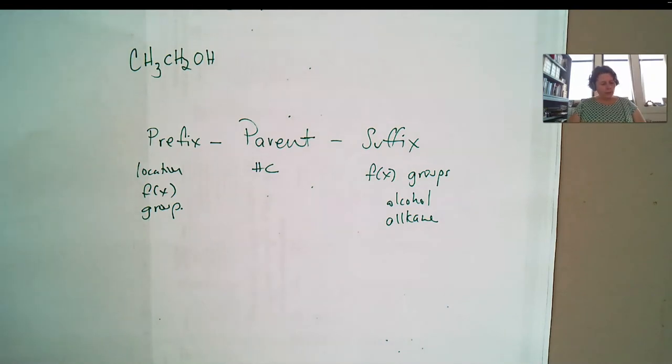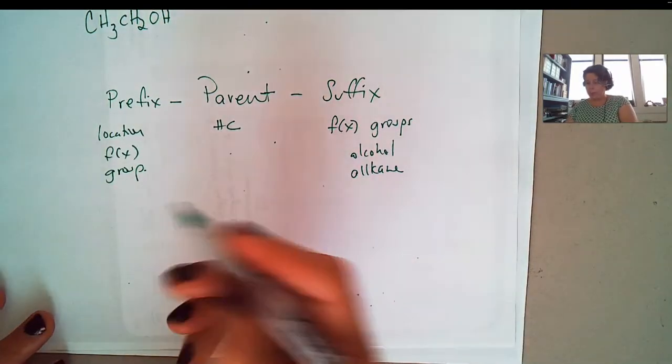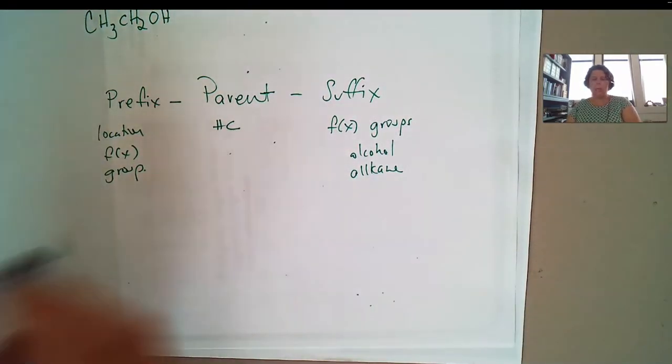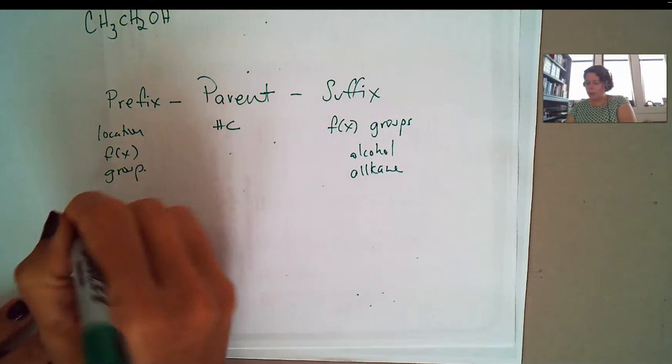So one of the things that we've been doing is looking a lot at alkanes, right? So we've been looking at organic compounds. Well, you've probably heard the term hydrocarbon. Okay, so what is a hydrocarbon?